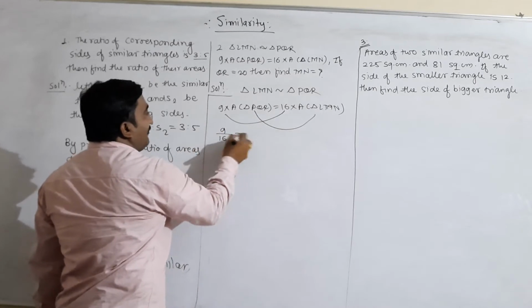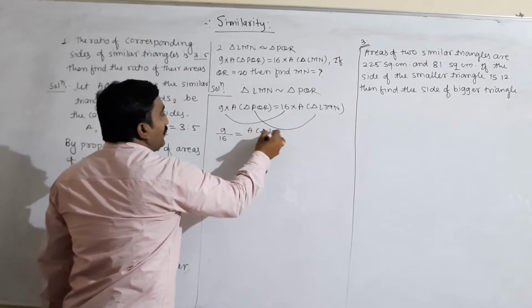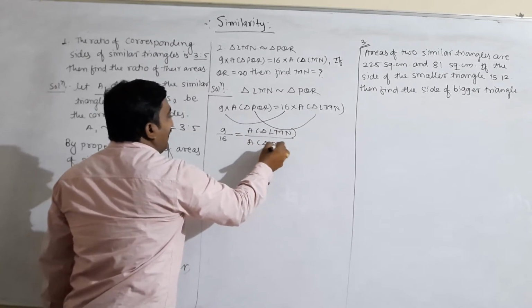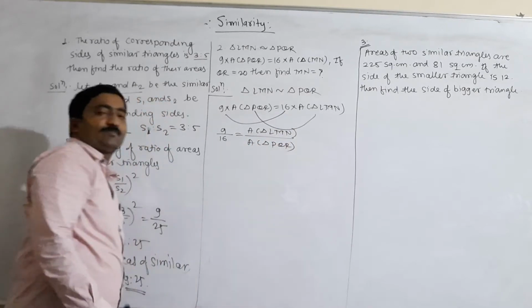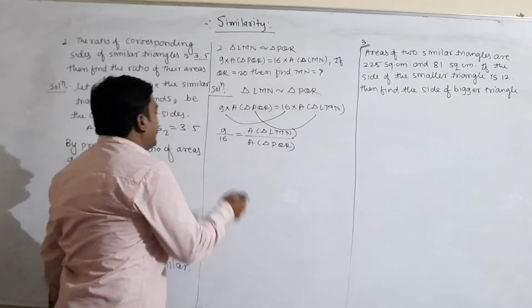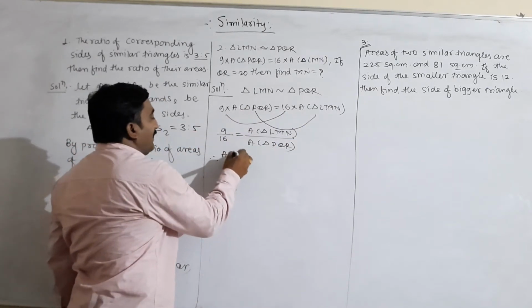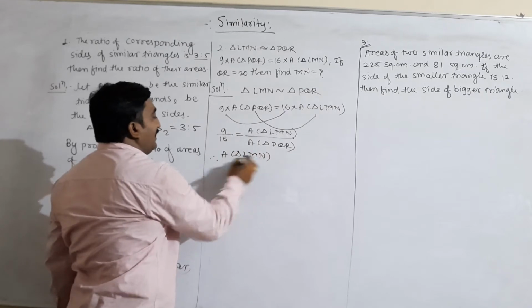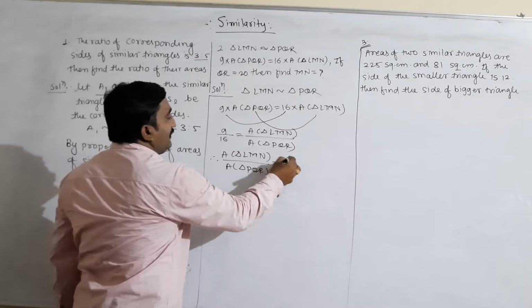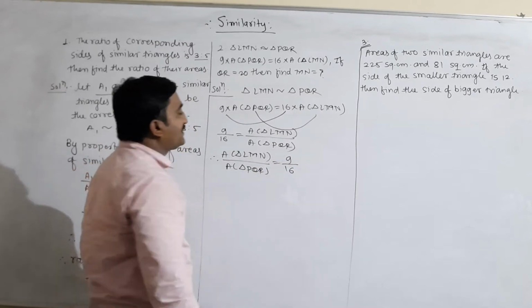So 9 divided by 16 is equal to area of triangle LMN divided by area of triangle PQR. या बाजूला घेतलं 9, या बाजूला घेतलं 16. Therefore area of triangle LMN divided by area of triangle PQR is equal to 9/16.